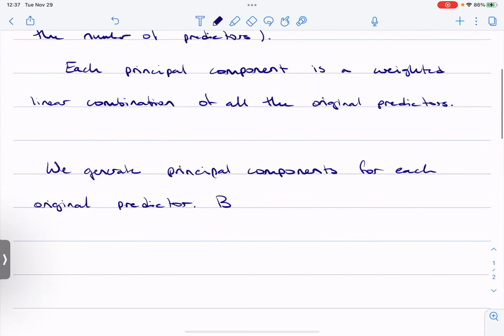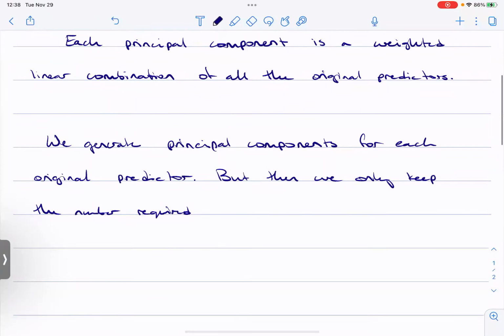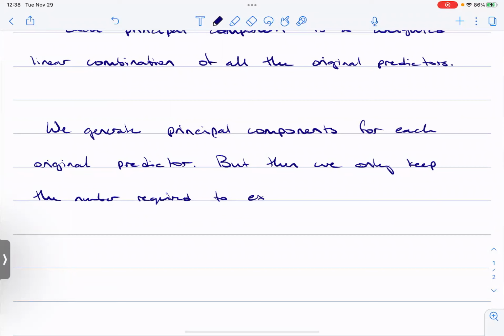So we only keep the number required to explain some desired level or percentage of variability.